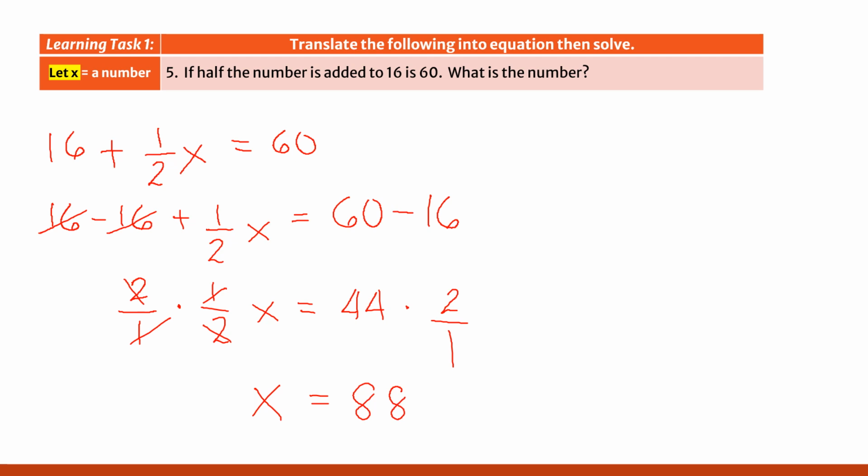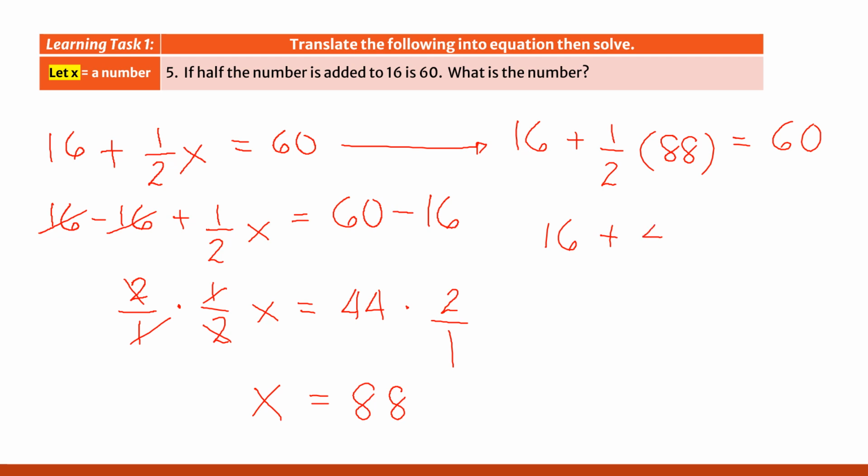Okay? Now, let us check. Go back to sa ating equation. So, we have here 16. Okay? 16 plus 1 half. 1 half of what? 1 half of 88. Okay? Is equal to 60. And then continue. 16. What is 1 half of 88?